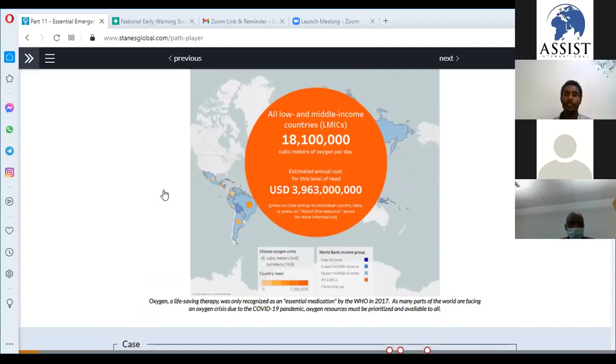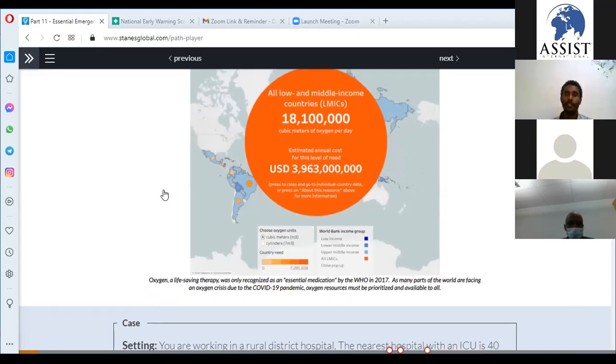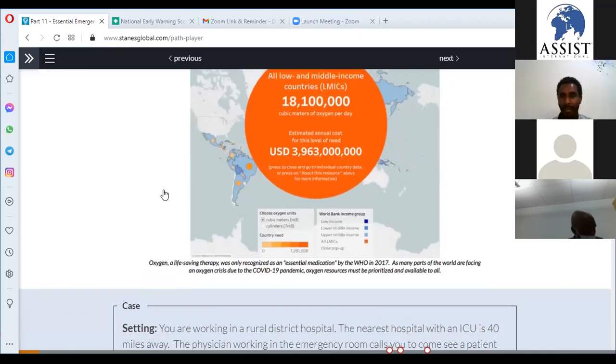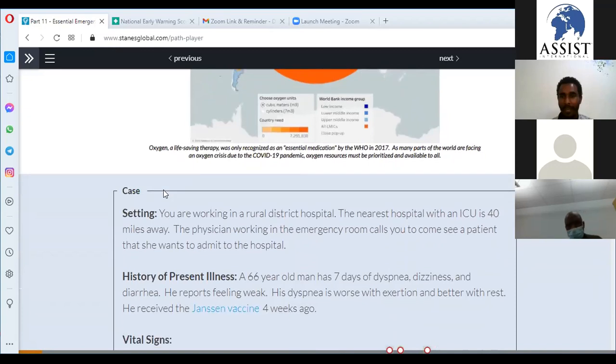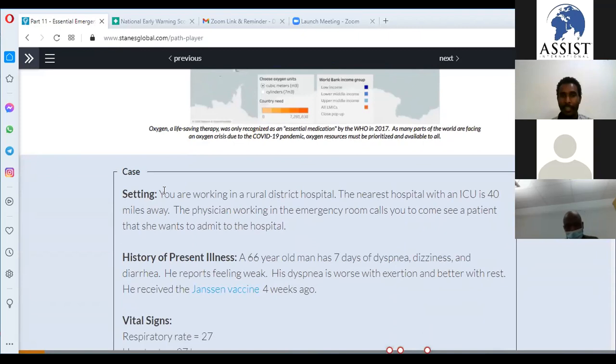So from this, you can see how much oxygen is becoming an important part of care, and how oxygen is getting in short. So we need to advocate for the increment in the supply of this oxygen for proper care of critically ill patients.